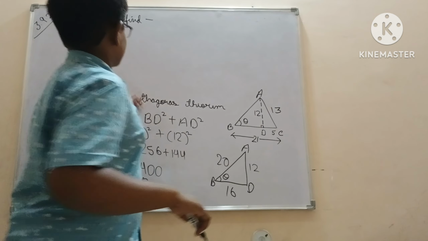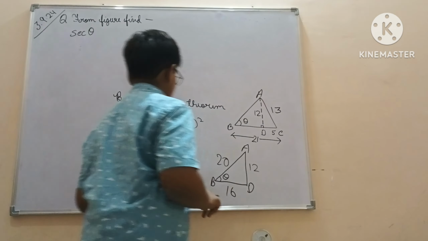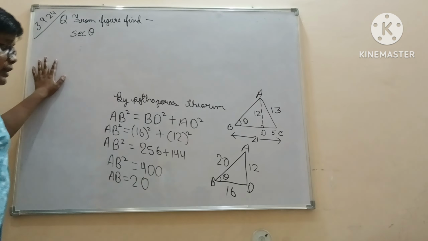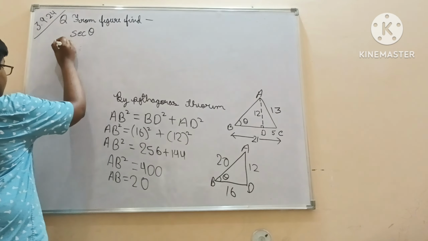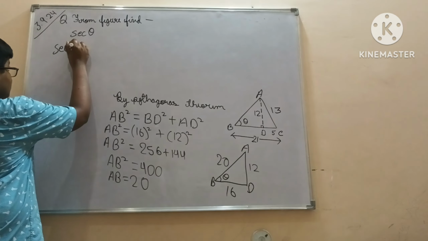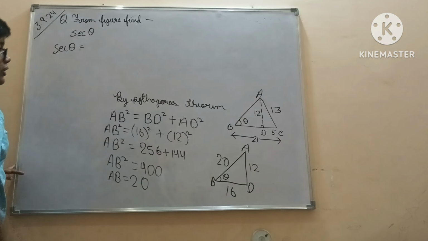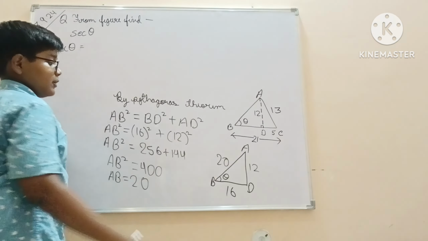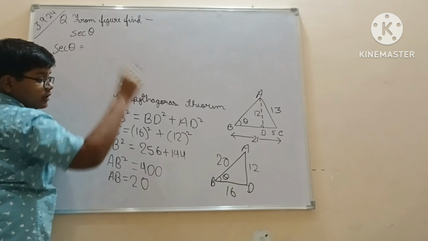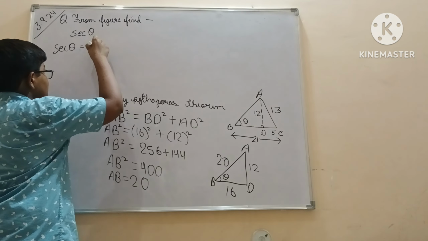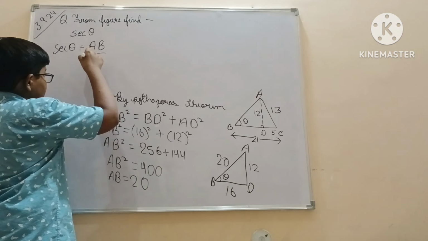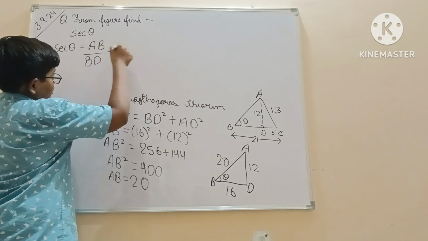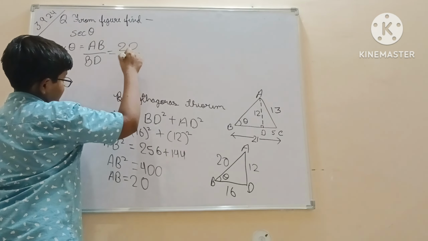Now we will find sec theta of our question. So the formula of sec theta is hypotenuse divided by base. The hypotenuse of our triangle is AB, which is 20, and the base of our triangle is BD, which is 16.